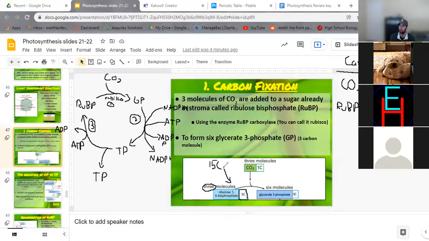So if we know in carbon fixation, a single molecule of carbon dioxide is added to a molecule of RuBP, but I have 3 RuBPs, then that means that we must have 3 CO2s added. So at this point in time, immediately after Rubisco does its job, how many carbons do I have? 18. Correct.